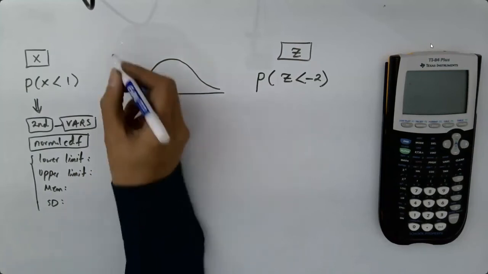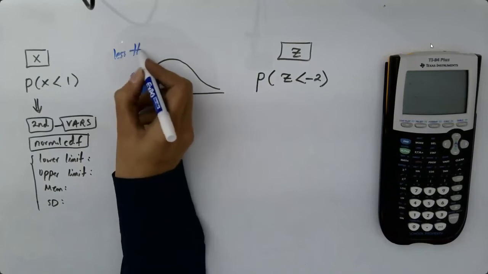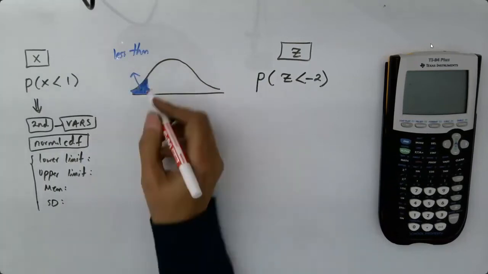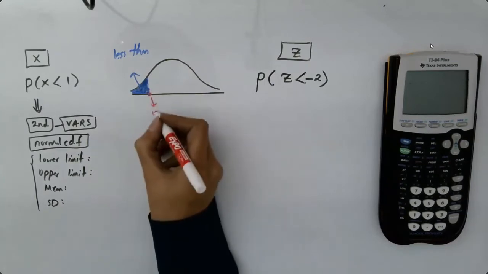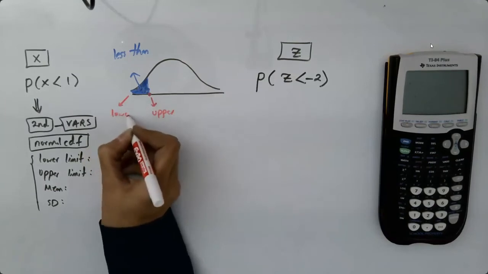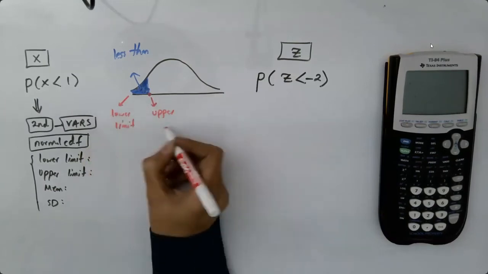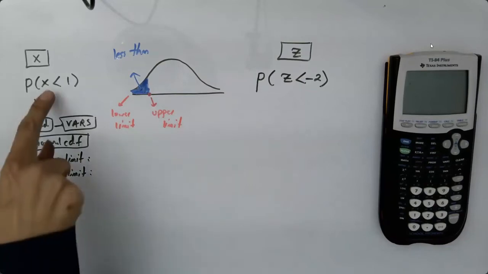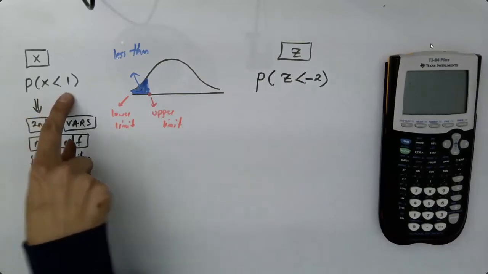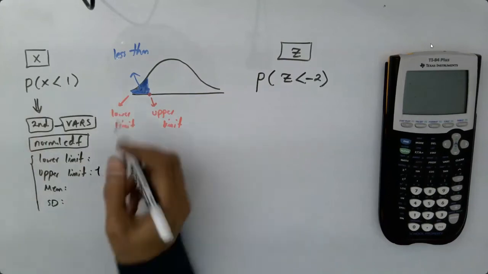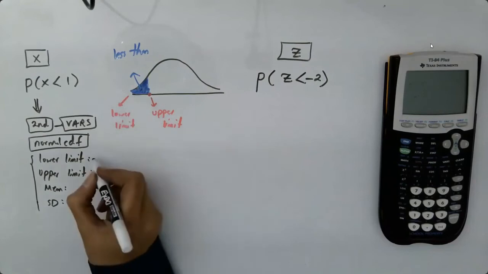So it's less than a value, either X or Z. This is your upper limit, and this is your lower limit. Here we have less than 1. So our upper limit is 1, and our lower limit is going to be a very small number, like -10.